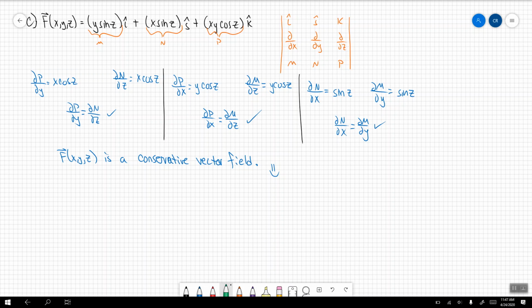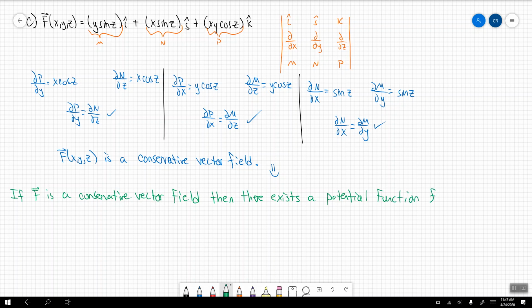If F is a conservative vector field, then there exists a potential function f such that the vector field is equal to the gradient of f.